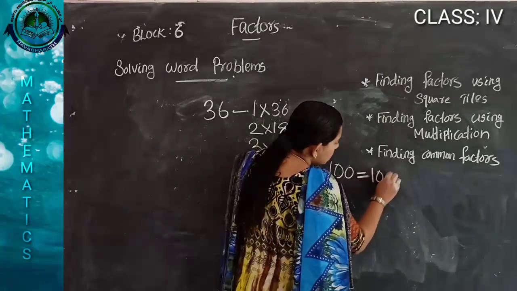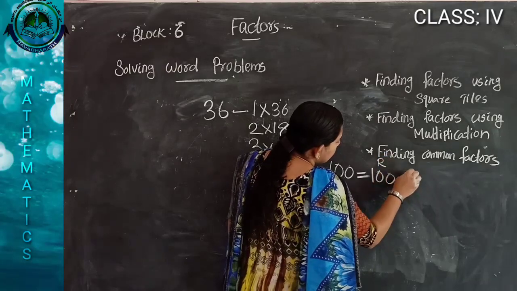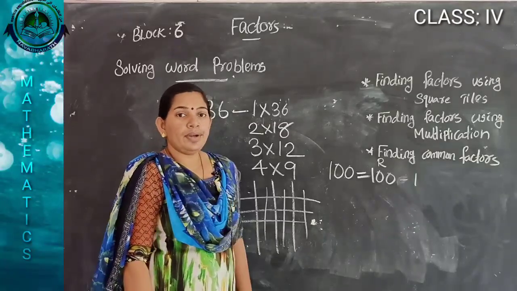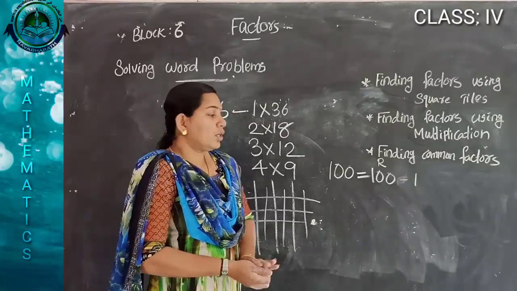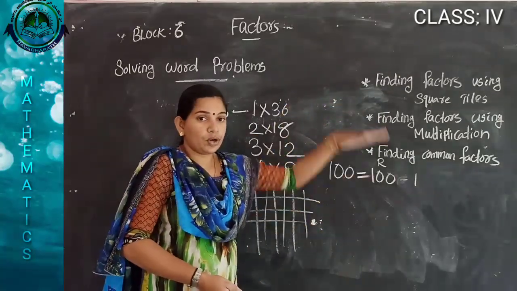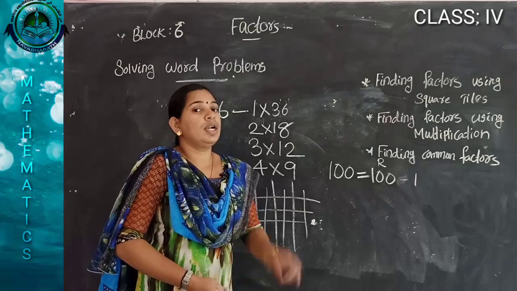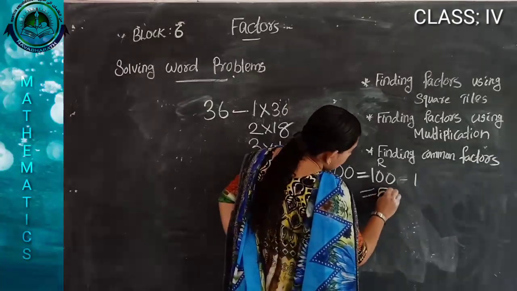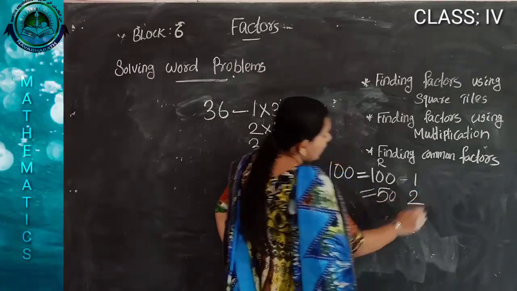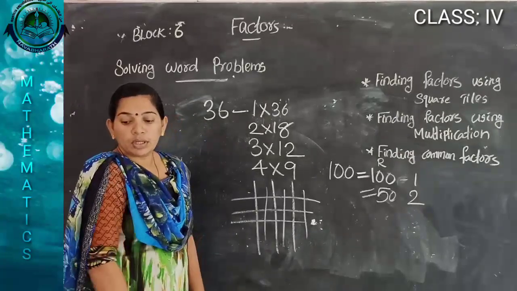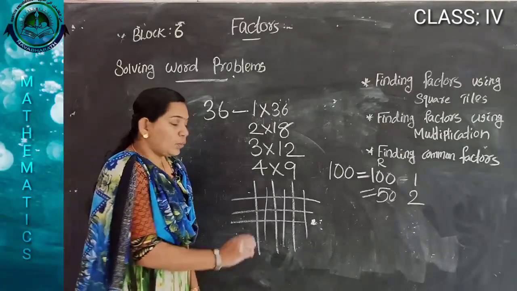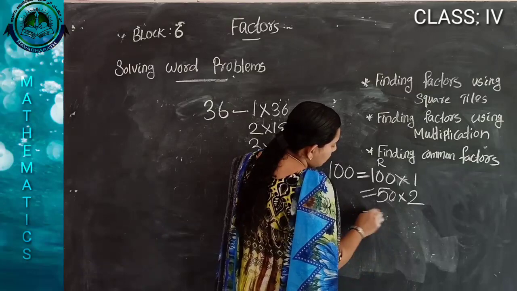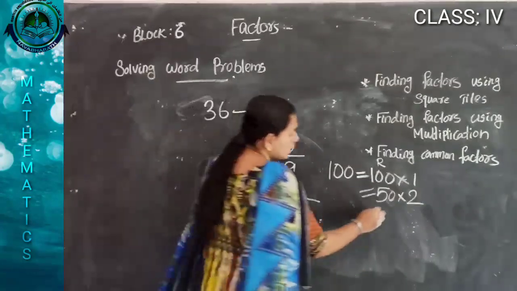100 rows, each row has one car. They are arranging 100 cars row-wise. Then how many columns are there? Only one column. Then suppose they arrange 50 rows, then 2 cars in each column. The number of cars in each column is the same. 100 into 1, 50 into 2. Then suppose they arrange 25 cars in a row.